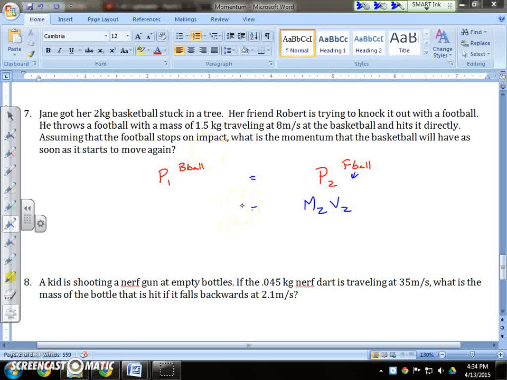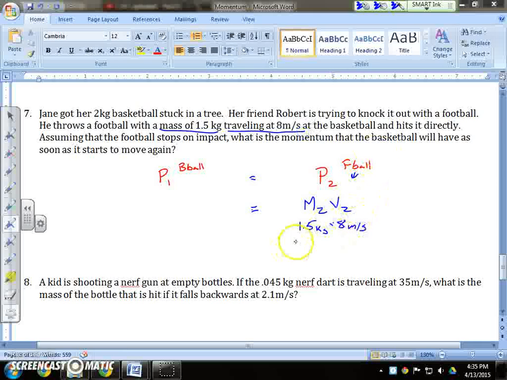Okay. So when we get into the second scenario, the football has a mass of 1.5 kilograms, traveling at 8 meters per second.